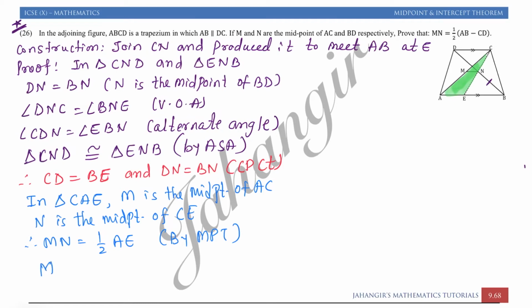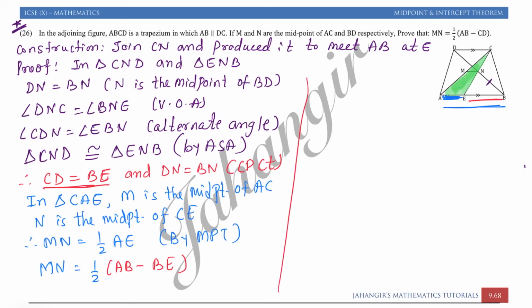So therefore MN is equal to half AE, which can be written as this part, the one I am shading, this part can be written as AB minus BE. Now as we had proved that BE is equal to CD, so we can write MN is equal to half AB minus CD. Hence proved.